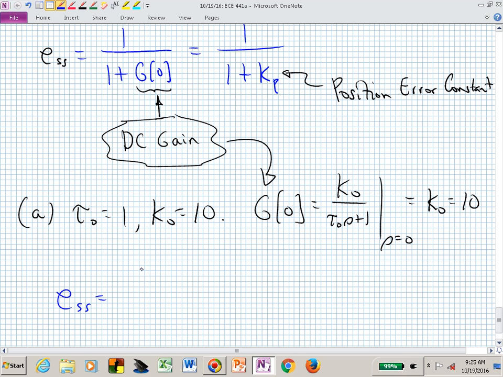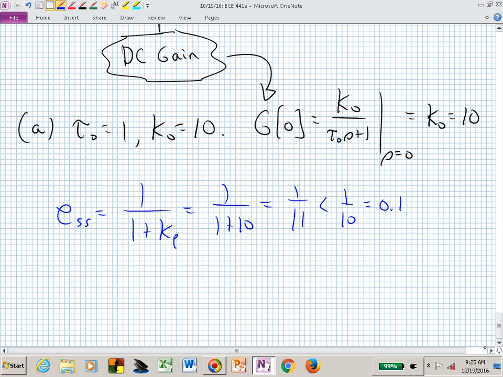We now have 1 over 1 plus K sub P, or 1 over 1 plus 10, and that's now 1 over 11, which maybe I don't like to think of, but I know that that's less than 1 over 10, and I know what 1 over 10 is. That's a 10%. So I have now a steady state error less than 10%.